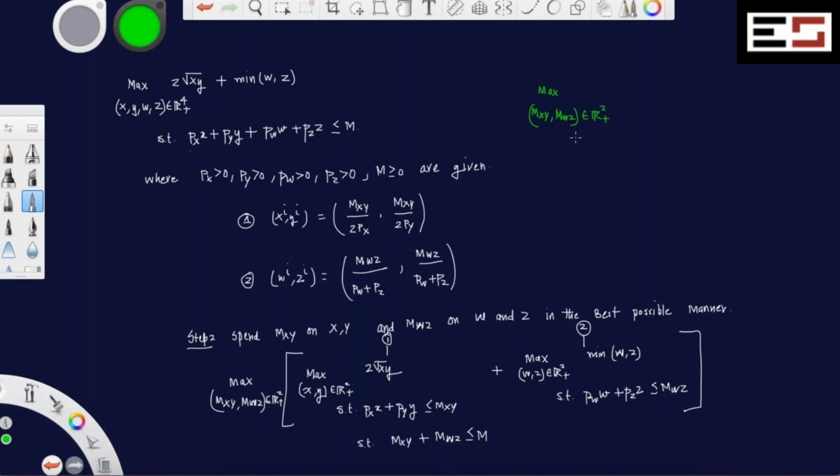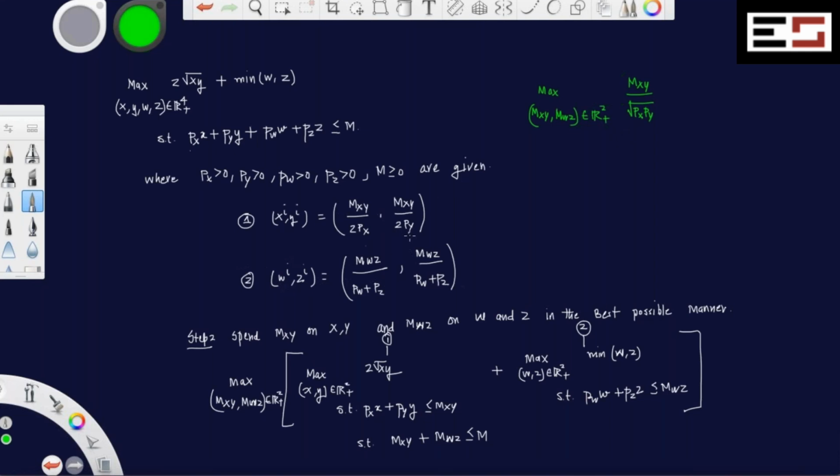in R2 plus. Okay, so what is 2 root xy? If you take the root of this times the root of this and multiply them, it will be mxy divided by root pxpy, right? That's what you're going to get. Yes or no? Because in 2 root xy, the 2 will cancel the 2 in the denominator, and the square root of mxy times the square root of mxy will be mxy.